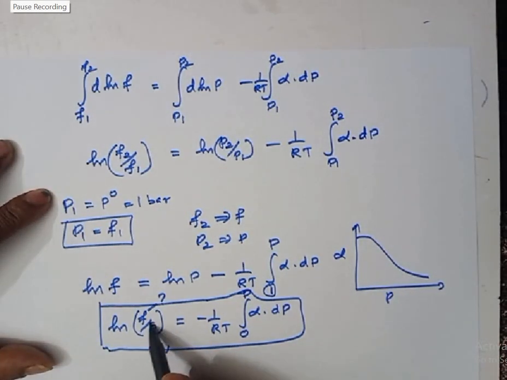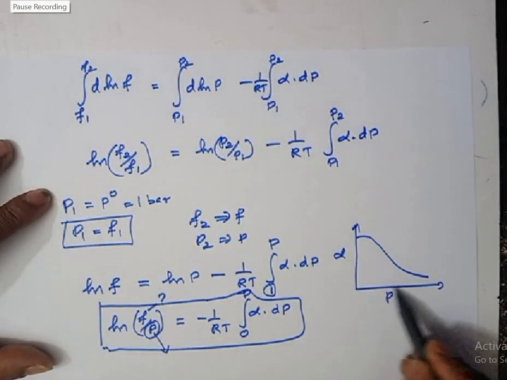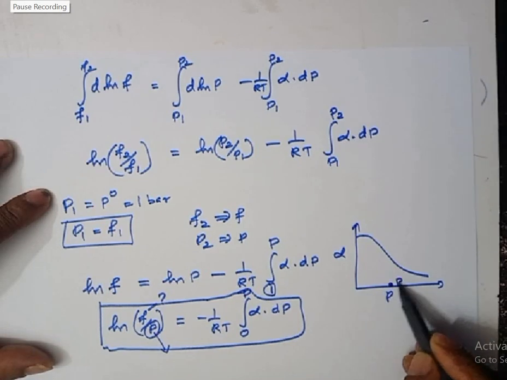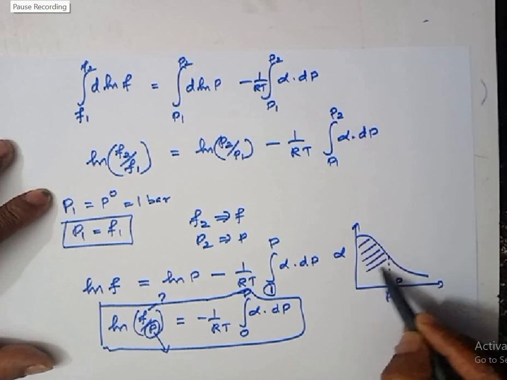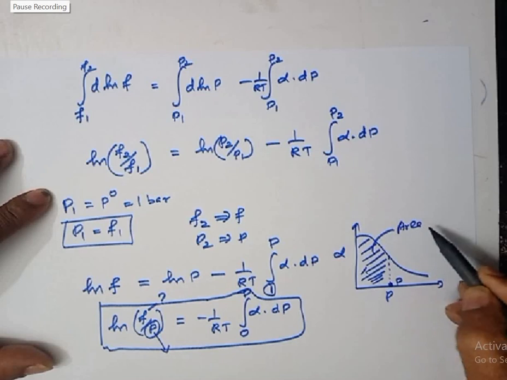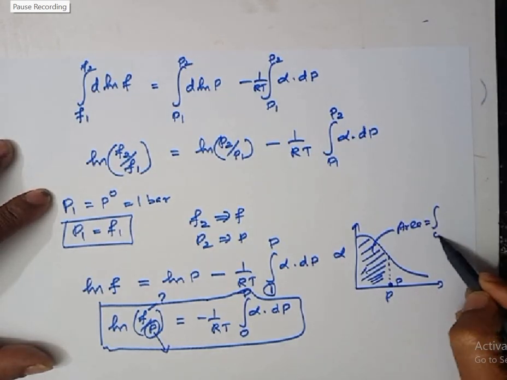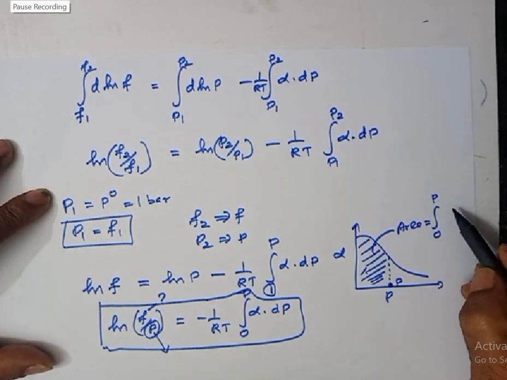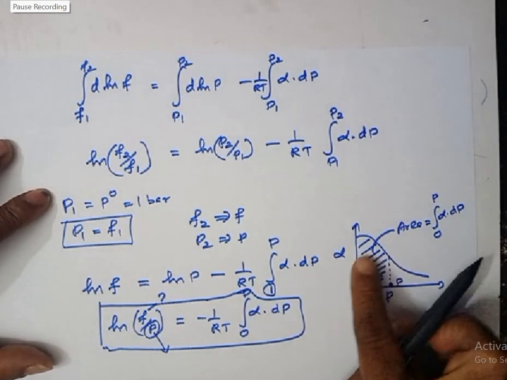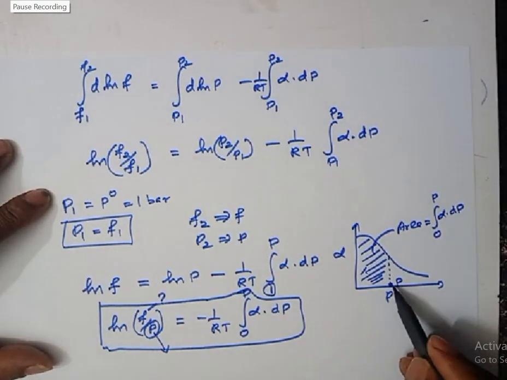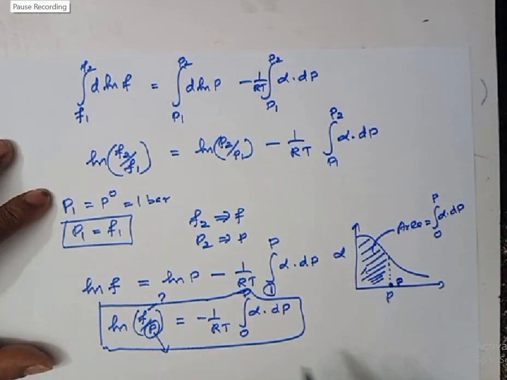Now, you take some pressure P on the pressure axis, draw a line, and find the area under this curve. This area you can find experimentally, which is equal to the integral 0 to P of alpha into dP. This integral is nothing but the area under the curve up to the pressure P. This area we know, RT we know, pressure we know.